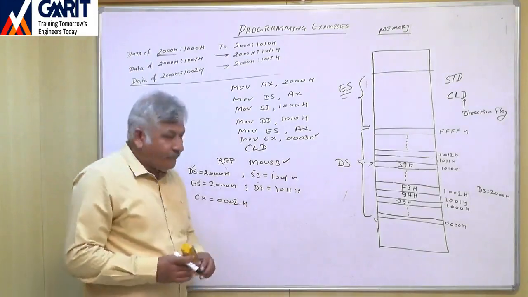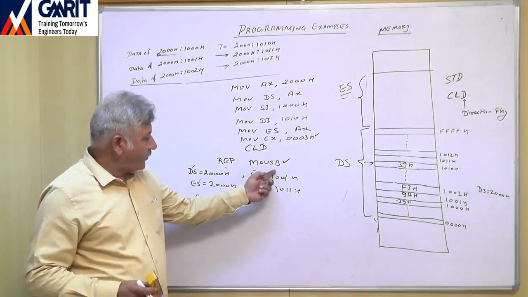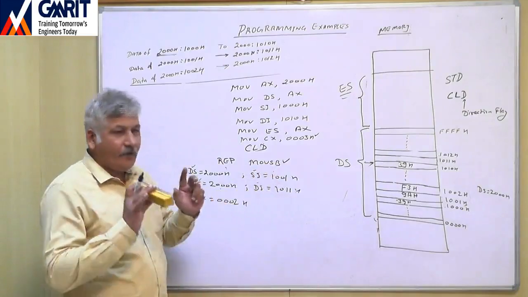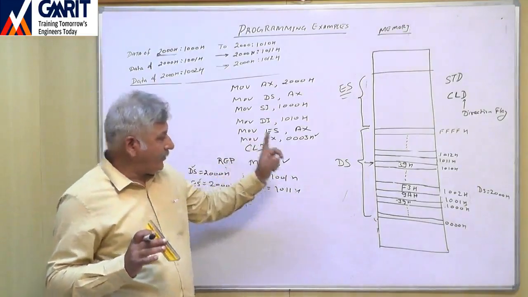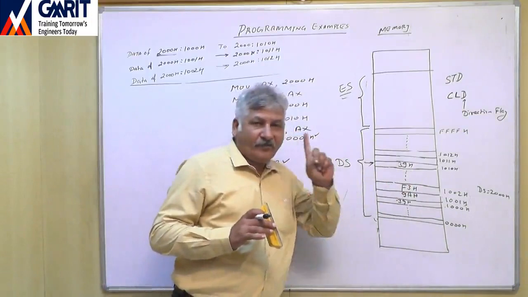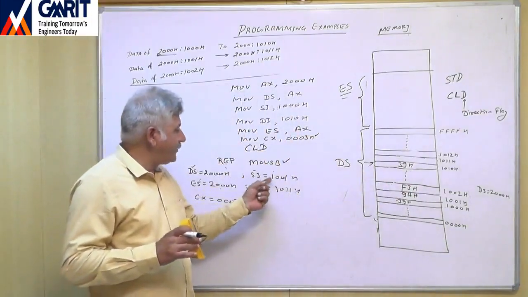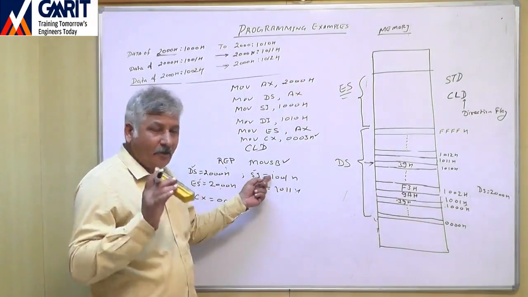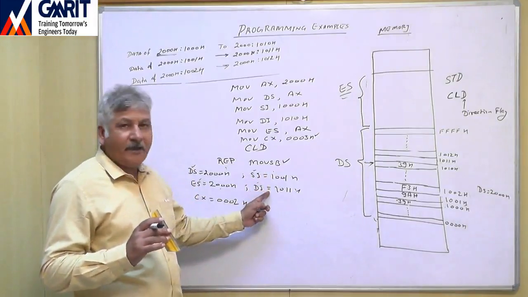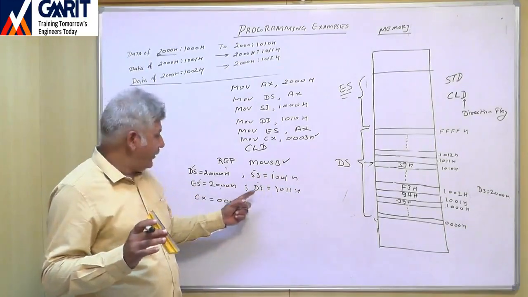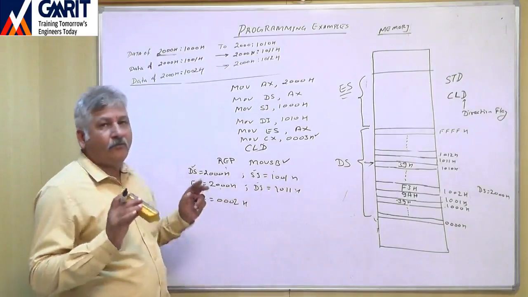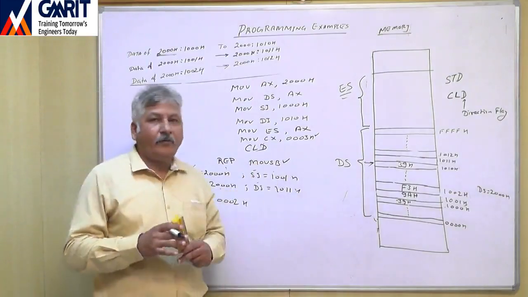So see what move string byte will do. First, it will transfer this byte to this place, first operation. Second, it will increase the value of SI by 1. Third, it will increase DI by 1. Fourth, it will decrease the value of CX by 1. So move string byte will perform 4 operations.